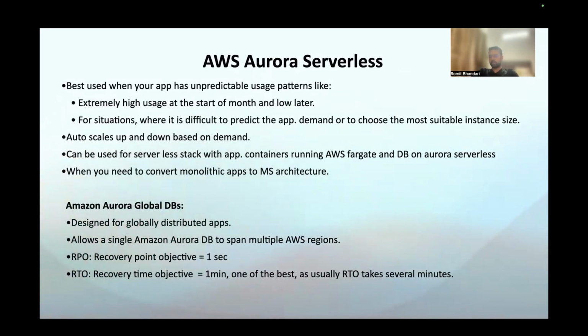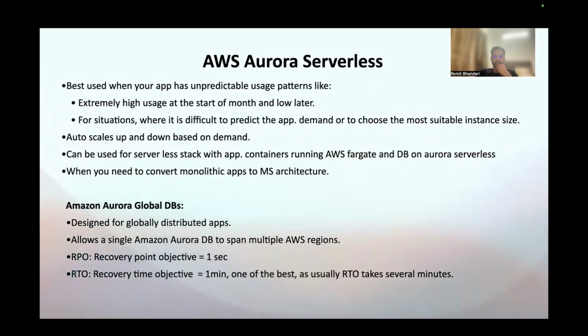Aurora, I suppose. There is one more thing known as AWS Aurora Serverless. Now there are various apps which would have unpredictable usage patterns, right? Not all apps would keep on having regular traffic, so there are some apps or products which would have an unpredictable usage pattern.